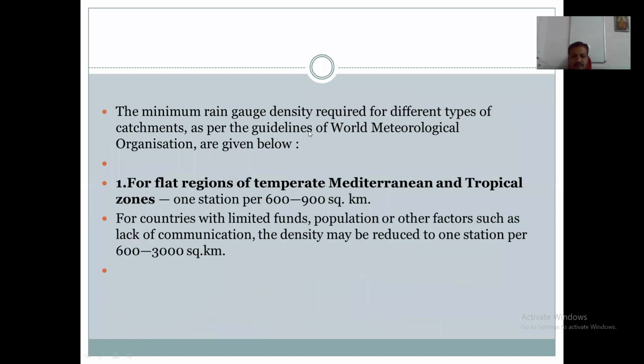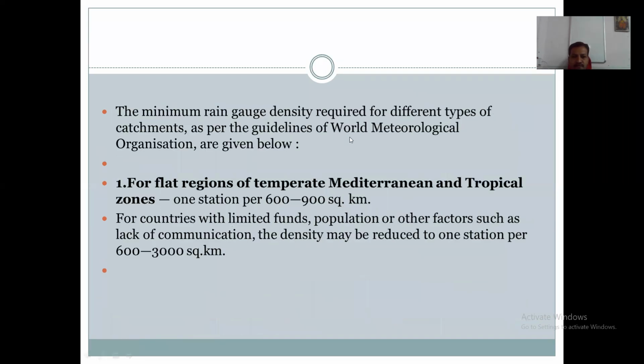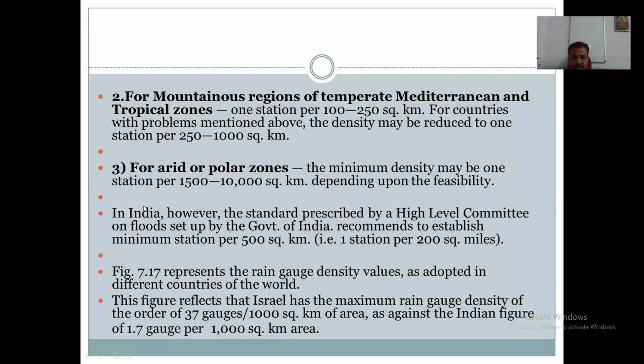So these are the guidelines given by the World Meteorological Organization for designing this rain gauge network. But in our country, in India, what guidelines are given?